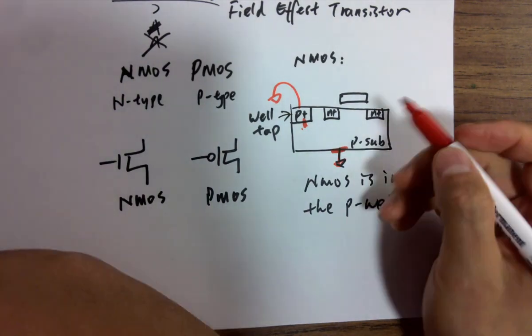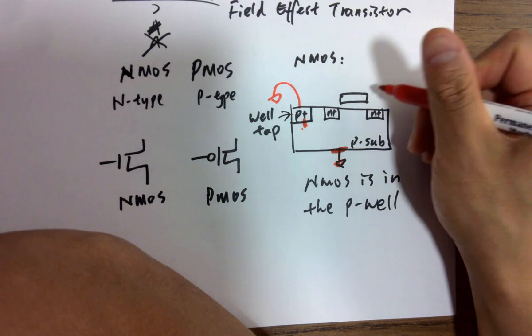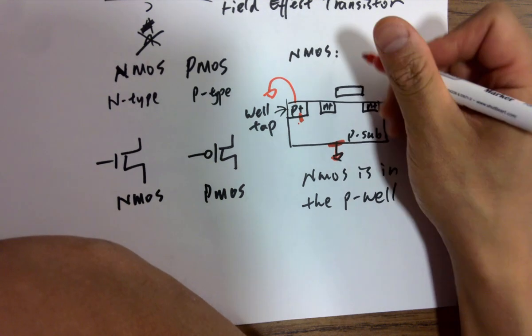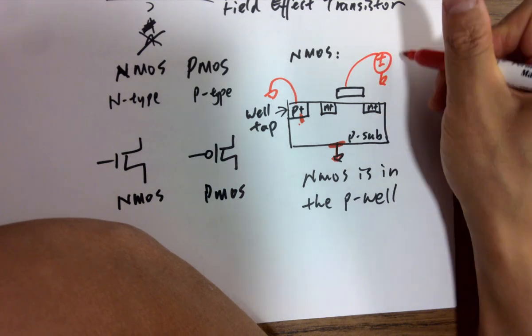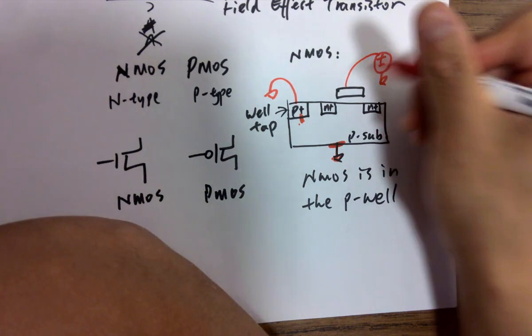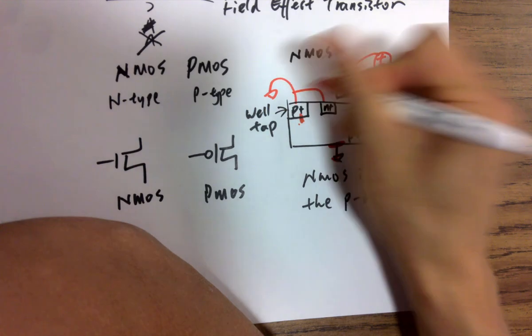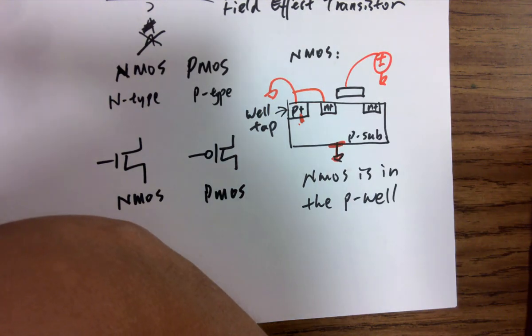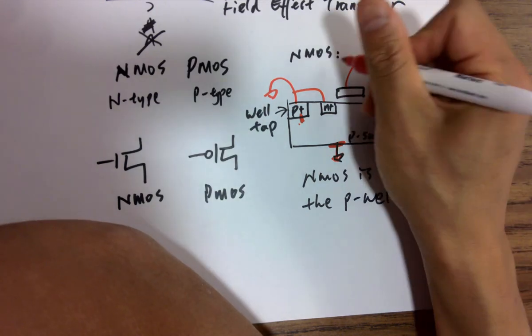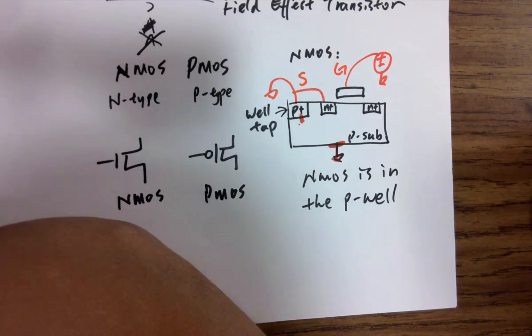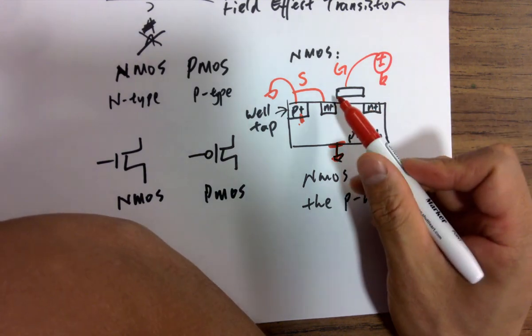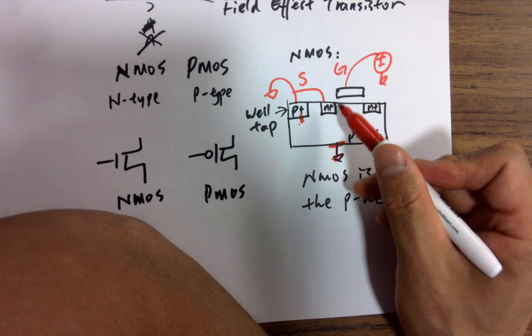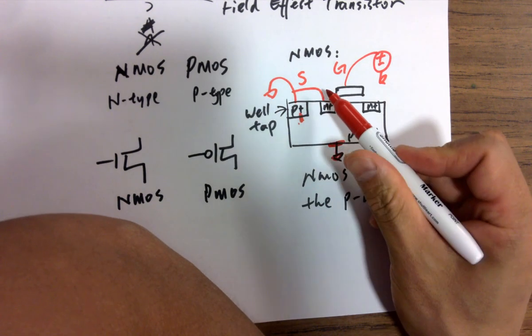Because when we are operating this NMOS transistor, first we connect a voltage source, the gate voltage, and we short this pin to the well tap, the P tap. So this is the gate terminal, and the source terminal. It's detecting the difference between the gate and source voltage.